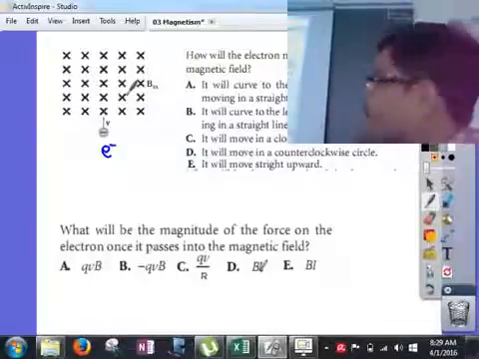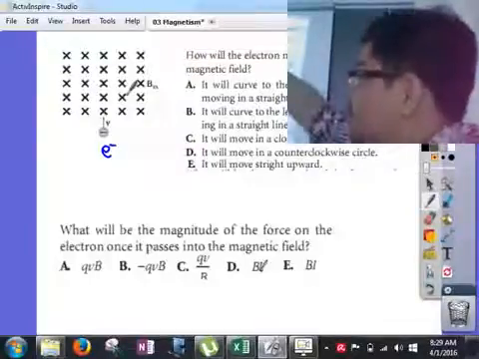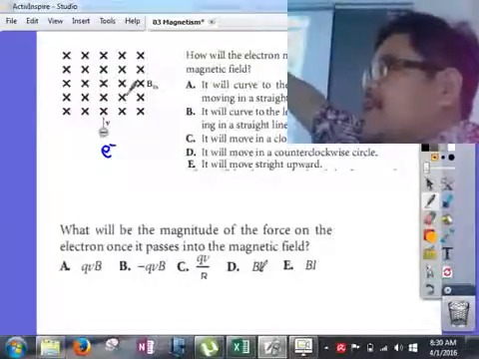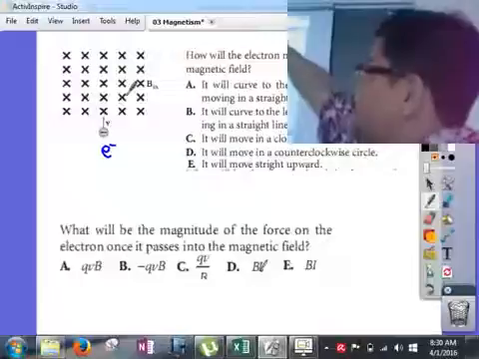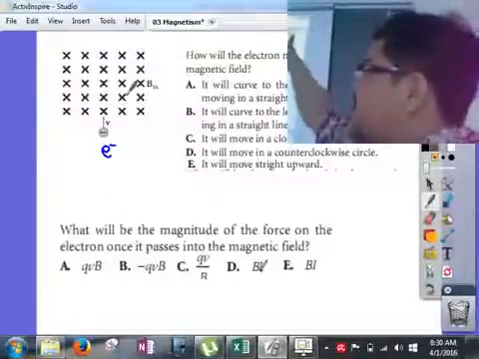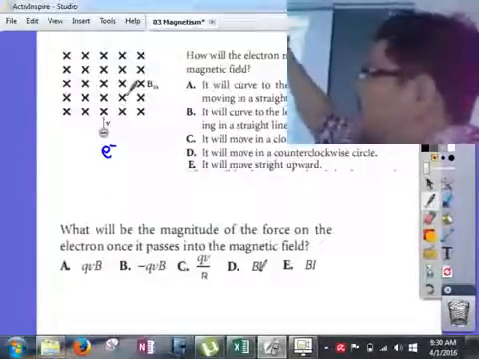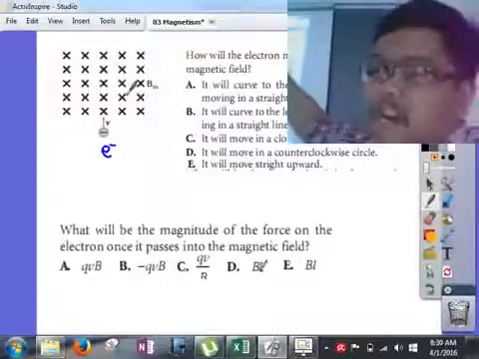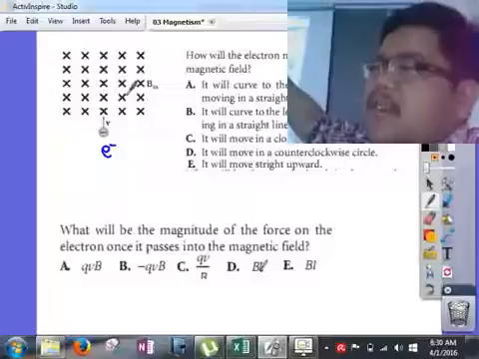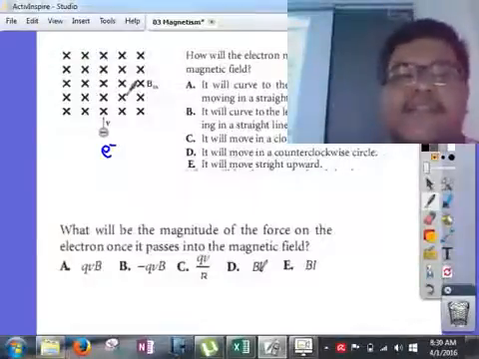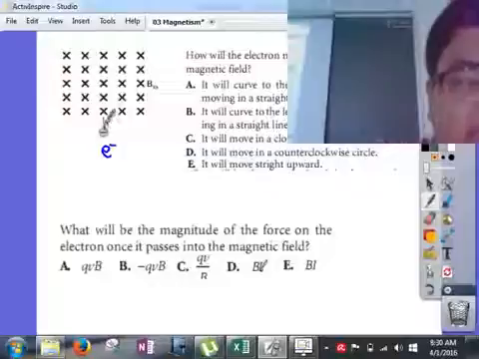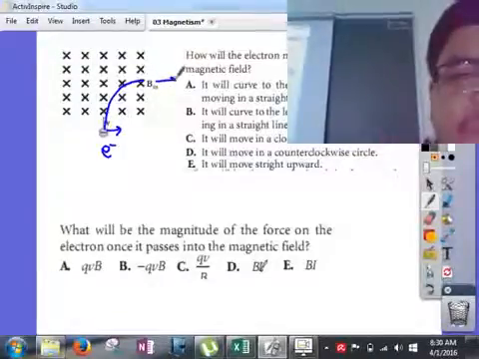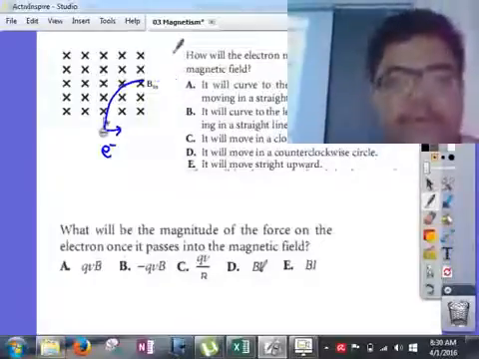To the sini. Masuk. V upward, B inside, and F to the left for positive charge. Because this is a negative charge, it goes to the right. That's right. So this will go this way, right? So it will move again.